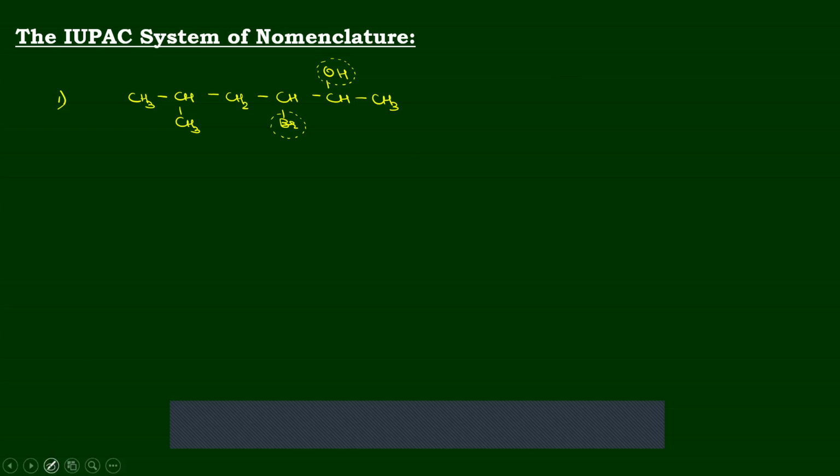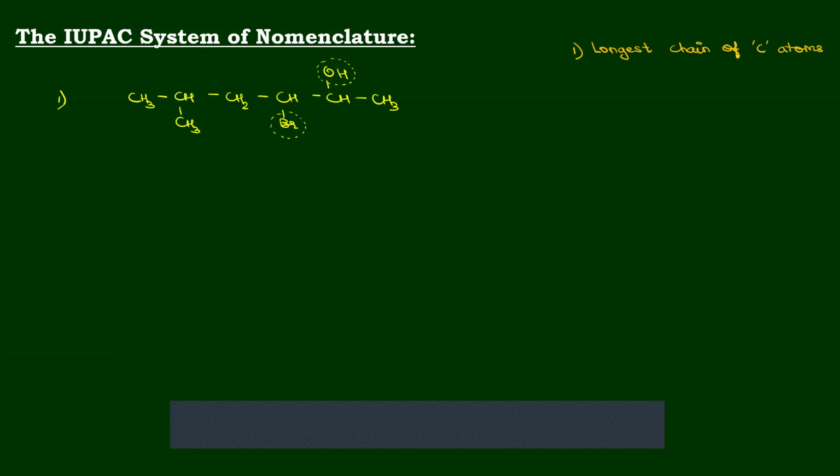Now, under IUPAC, rule number 1 is to select the longest chain of carbon atoms. Longest chain means it should have the maximum number of carbons included in the chain.